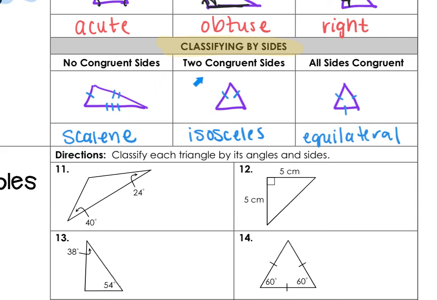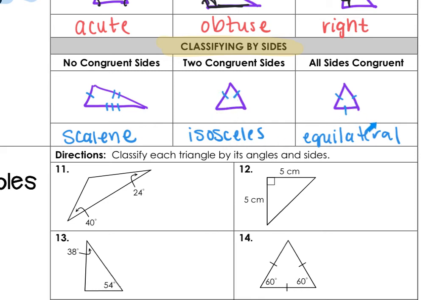The next type is there are 2 congruent sides. We call this isosceles. This is an isosceles triangle. As you can see, there is a mark here and a mark here. The little matching dash marks mean that these 2 sides are equal. The third has no line, so that is not equal to these 2 sides.